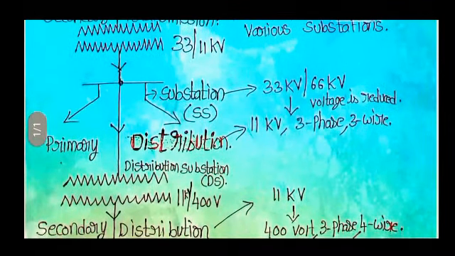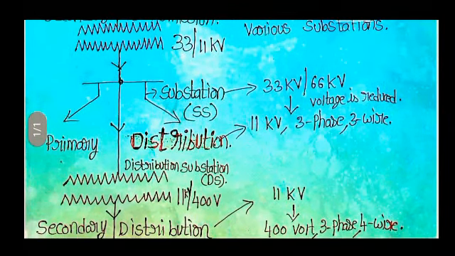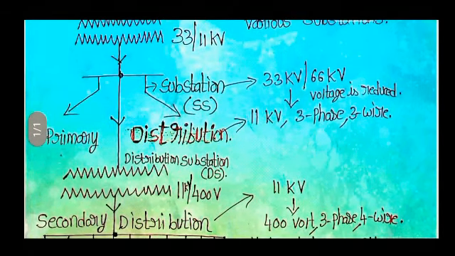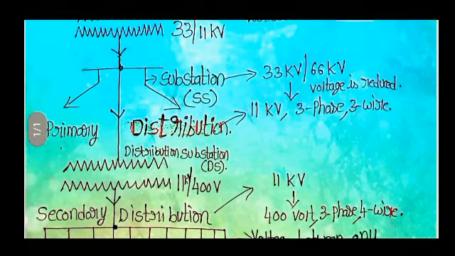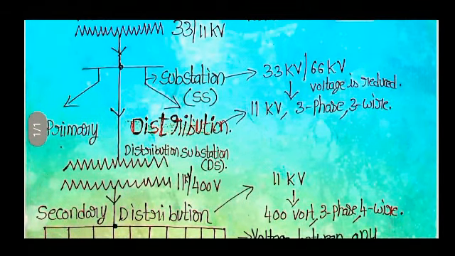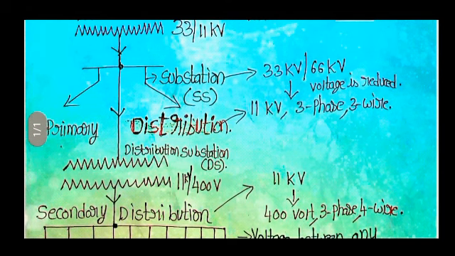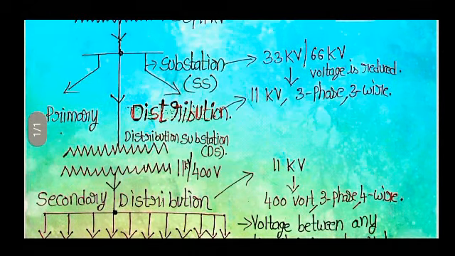Coming to the secondary distribution lines, the electric power from the primary distribution line, that is 11 kV, is delivered to the distribution substation.